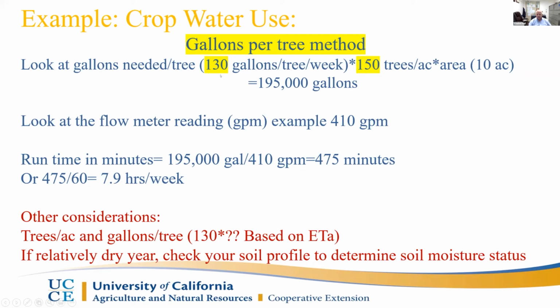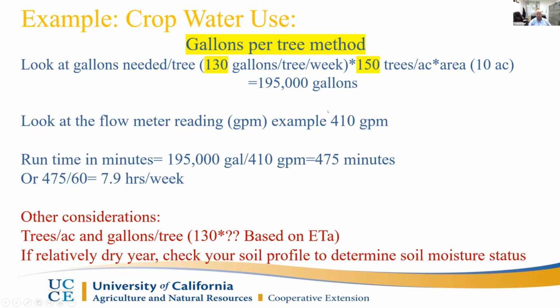So you take the 130, multiply it by the number of trees that you have over the area, which is like 10 acres in this example, and I get 195,000 gallons that I need to apply. That's relatively easy to do. Now, the only question is, well, for how long do I need to run the system? This is why you need to have a flow meter.